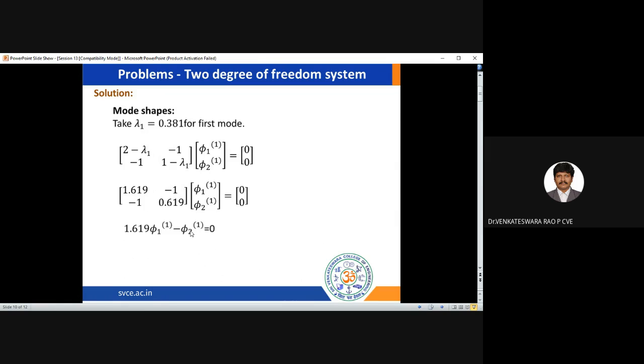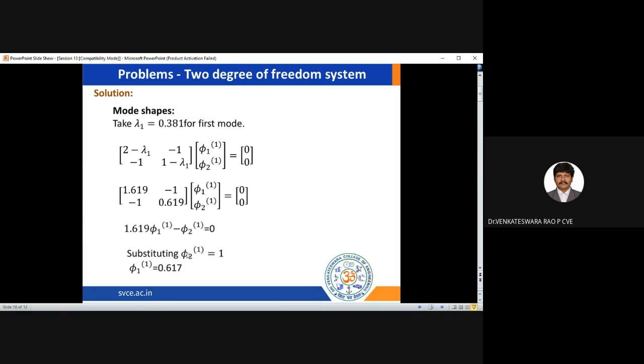Here we need to assume either phi 1 is equal to 1 unit or phi 2 is equal to 1 unit, which means if a displacement of 1 unit, like 1 centimeter or 1 meter, is given to phi 2, what could be the displacement of the next one? If I give phi 2,1 equal to 1 and bring the minus 1 to the other side, it becomes plus 1 by 1.619, which is 0.617.